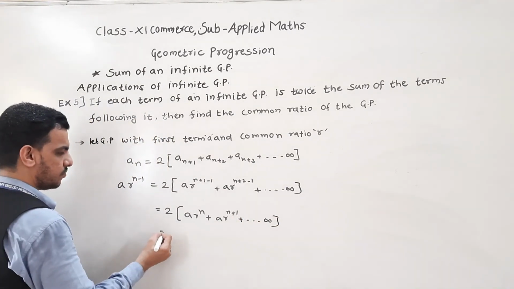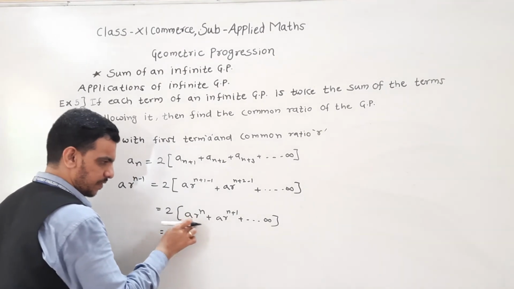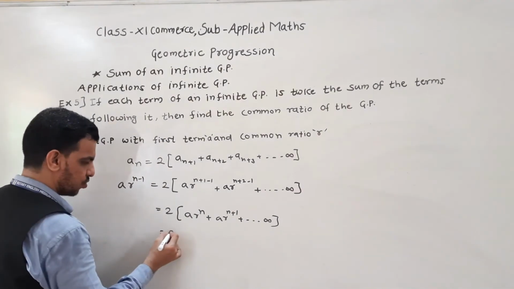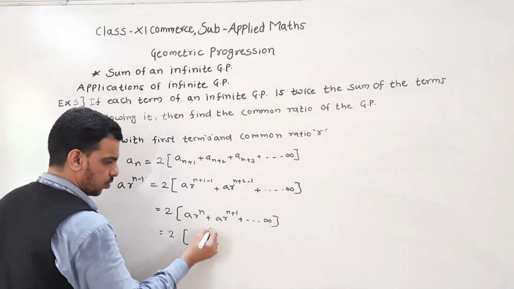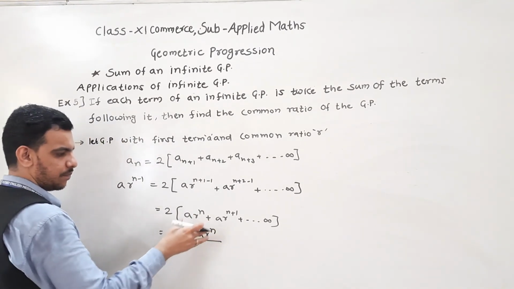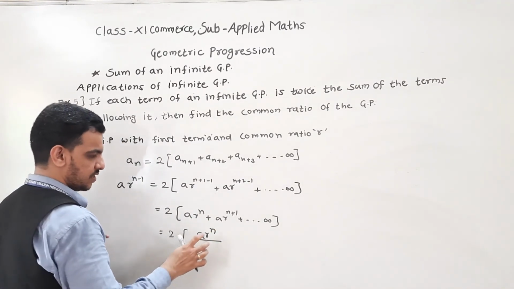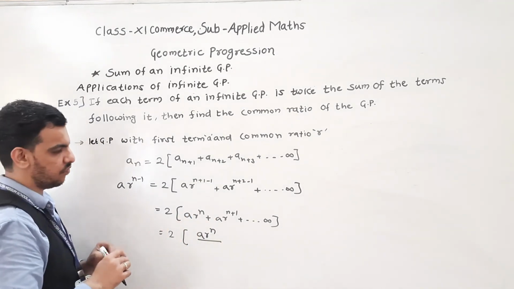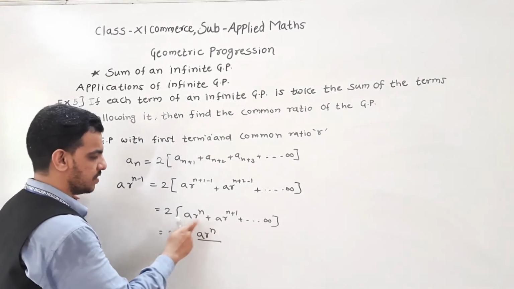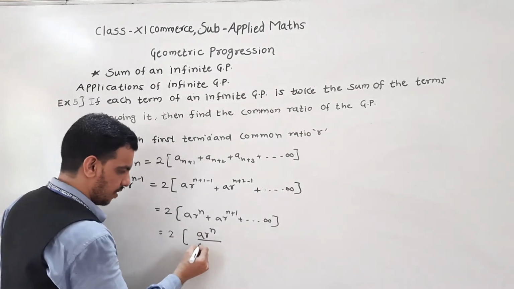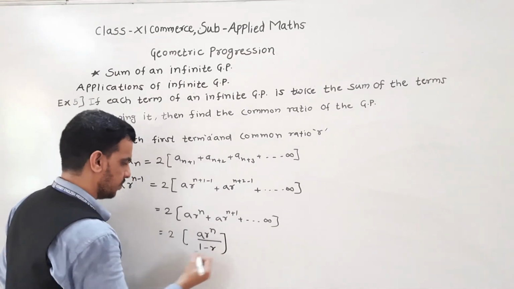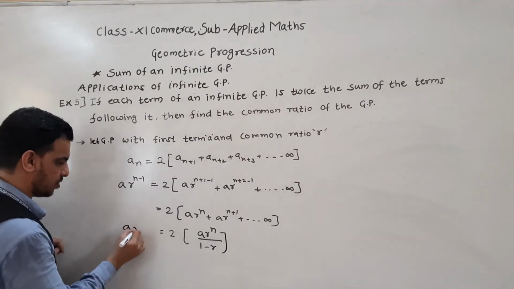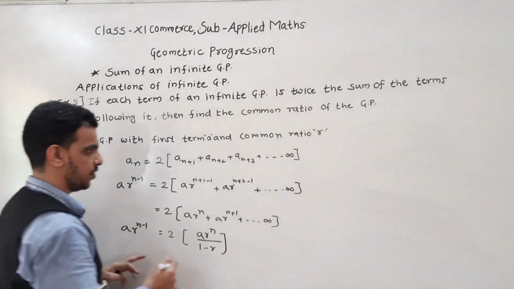Okay, so this is a geometric series up to infinity. So 2 into, first term is a into r raised to n, upon 1 minus r. We are using this formula, a upon 1 minus r. So here first term is a into r raised to n upon 1 minus r, common ratio is r, and here a into r raised to n minus 1 as it is. Now we have to simplify this.